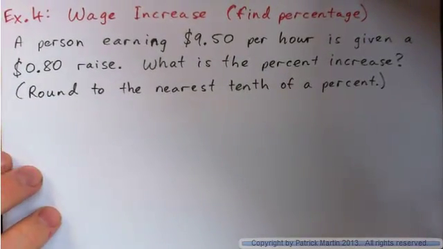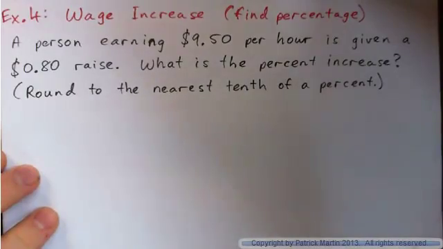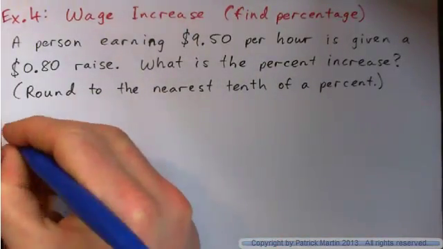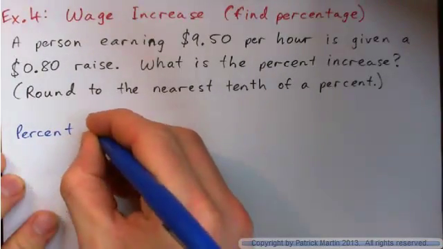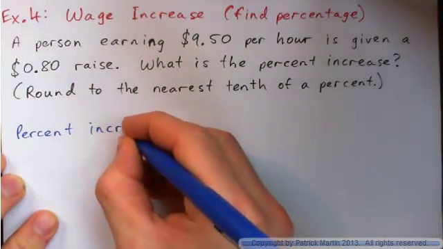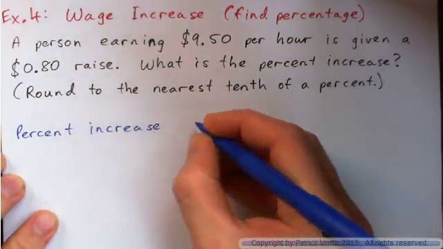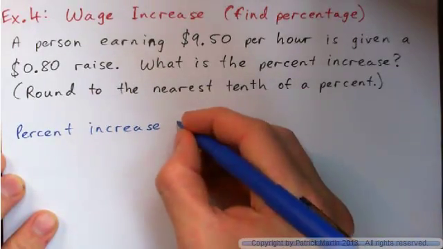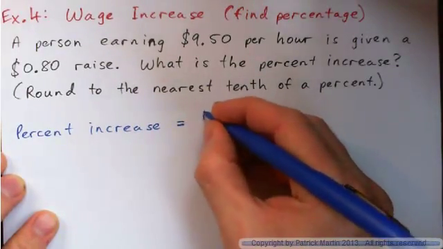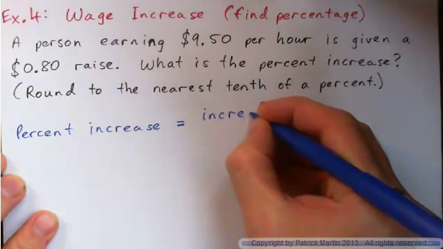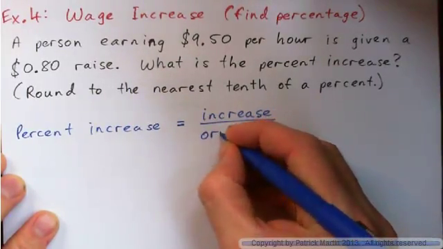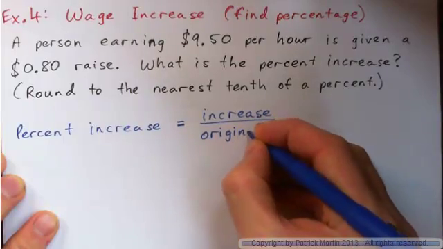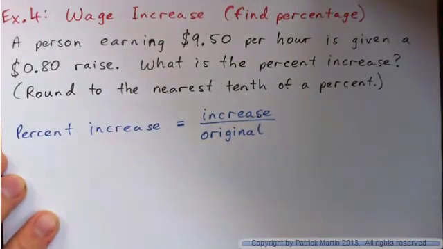The thing we need to know is that to get percent increase or decrease, this also works for decrease, percent increase is the increase amount divided by the original amount. You always divide by the original.